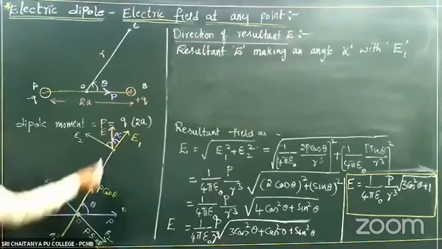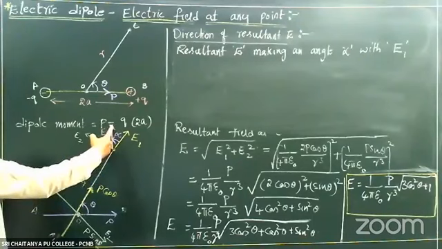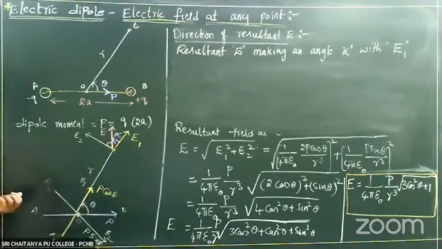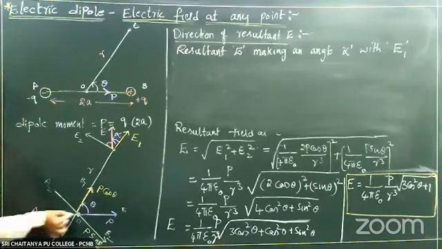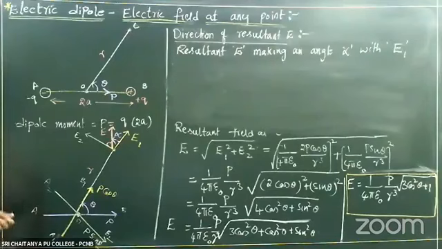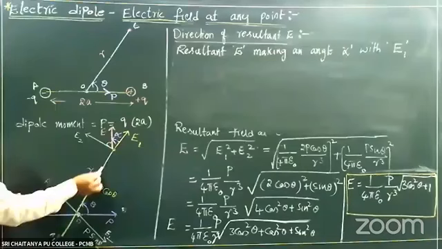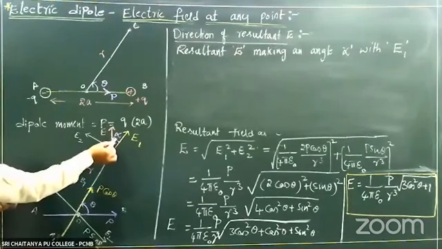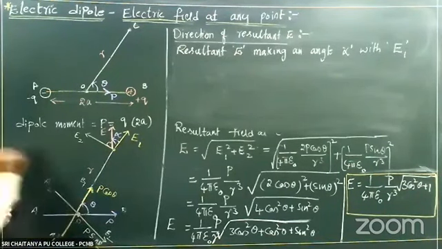Okay. If it makes an angle alpha with E1, what is the angle made by this E with axis? Angle made by this resultant with the axis of the dipole, with this. What is the angle made by this? Right? See clearly. To this line, it is making an angle alpha. This line making an angle theta with axis.